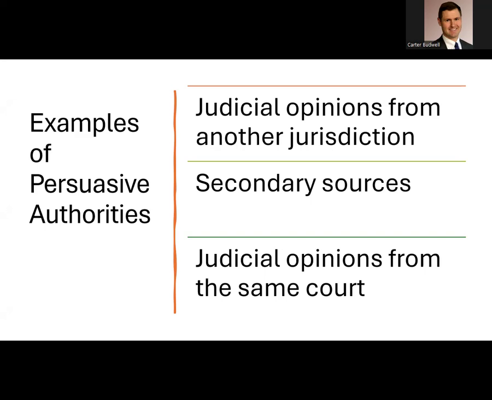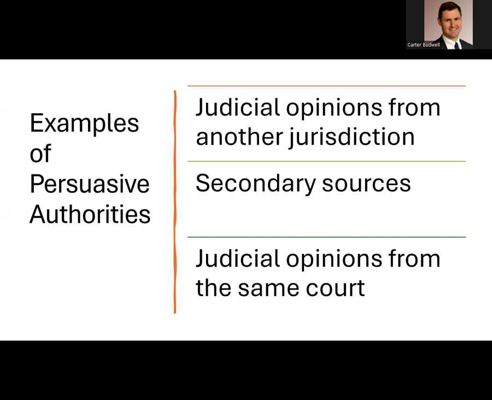Now, another great example of a persuasive authority are judicial opinions from the same court. So sometimes opinions from a state trial court in Virginia, that would be the circuit court, are published. Now, it's interesting to note that those opinions are not binding on the same court. So circuit courts in Virginia have quite a few judges in them.